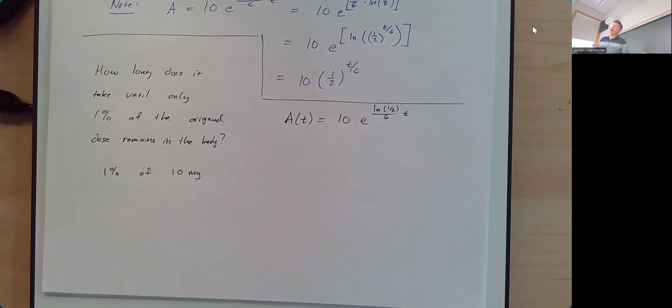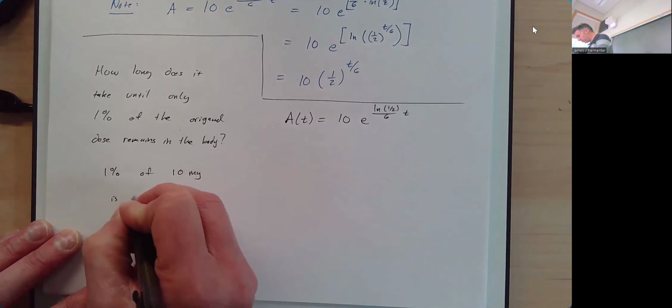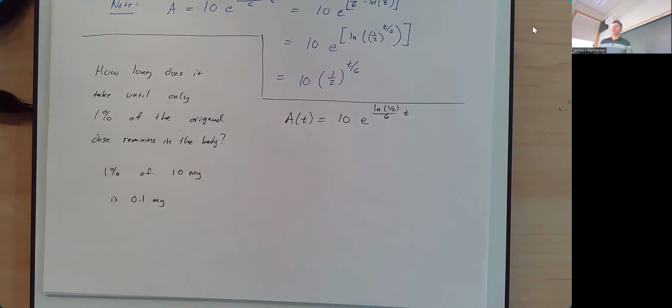So I'm really dividing by 100. 10 divided by 10 is 1. 1 divided by 10 is 0.1. So 1% of 10 milligrams is 0.1 milligrams. You could also divide by 100 or move the decimal over twice, whatever makes sense for you. For me, dividing by 10 twice, that's honestly how I multiply by 4 as well. I multiply by 2 twice because it's just easier for me to do it that way.